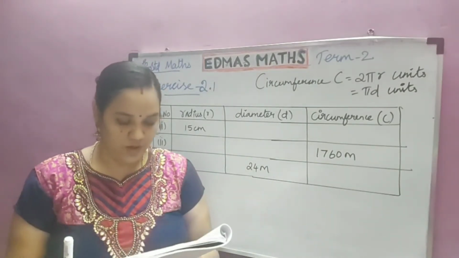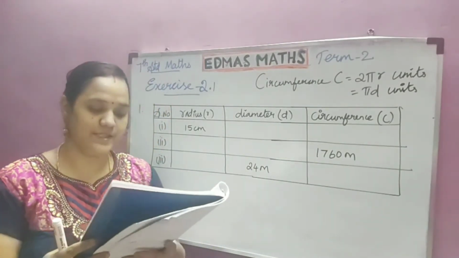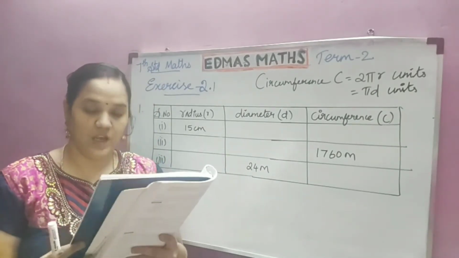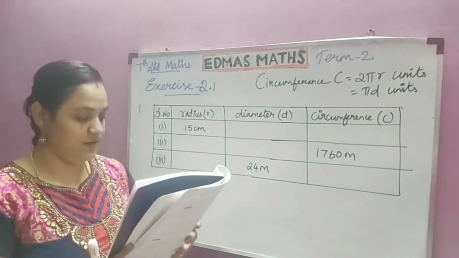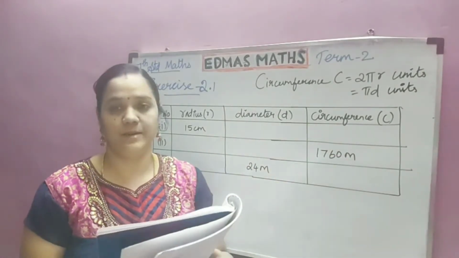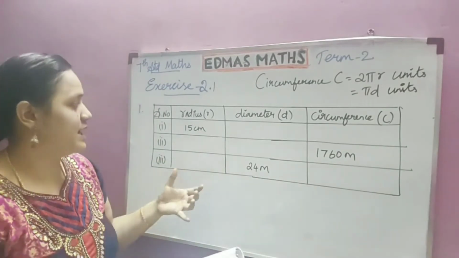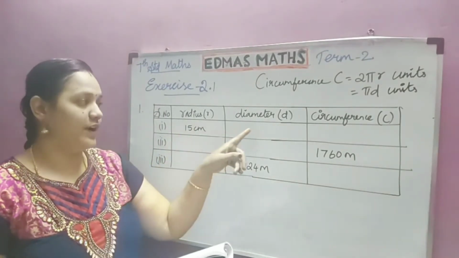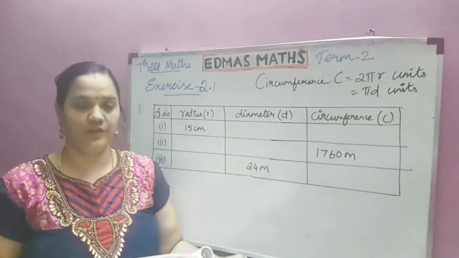Now the first problem: find the missing values in the following table for the circles with radius r, diameter d and circumference c. In the first option they have given the radius; we have to find the diameter and circumference.